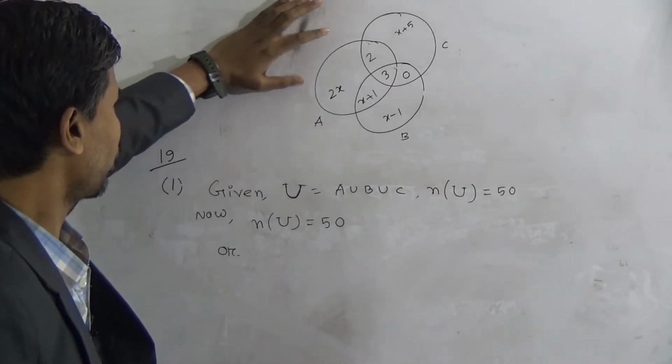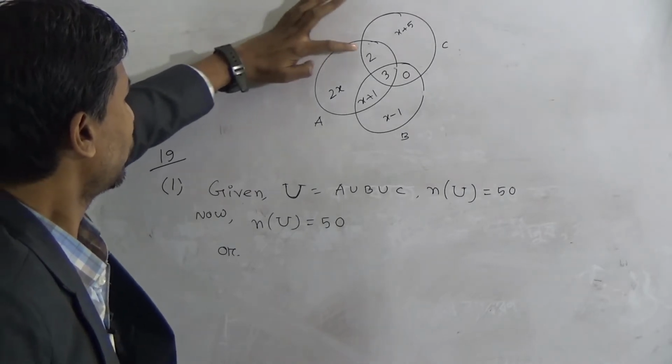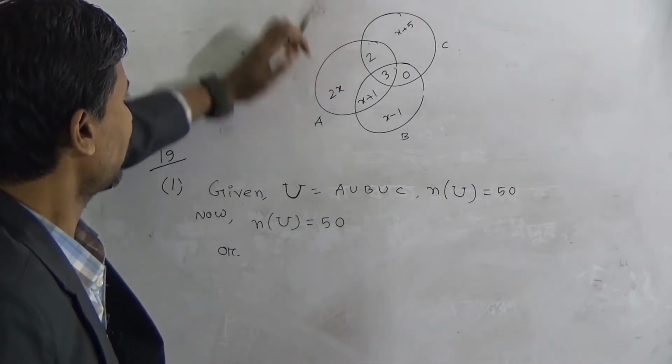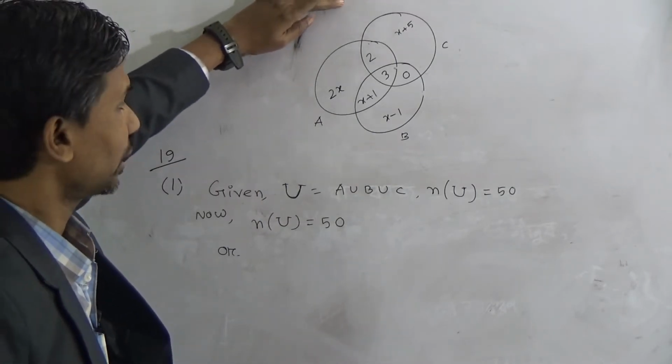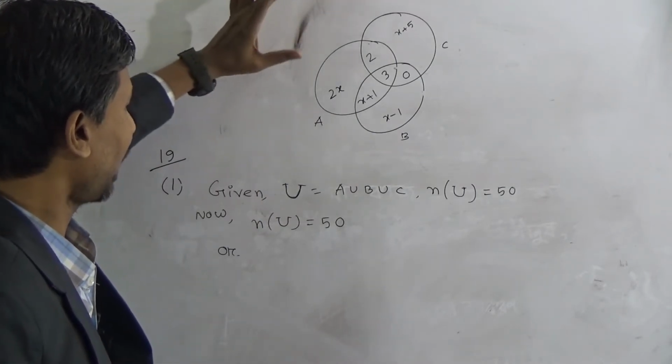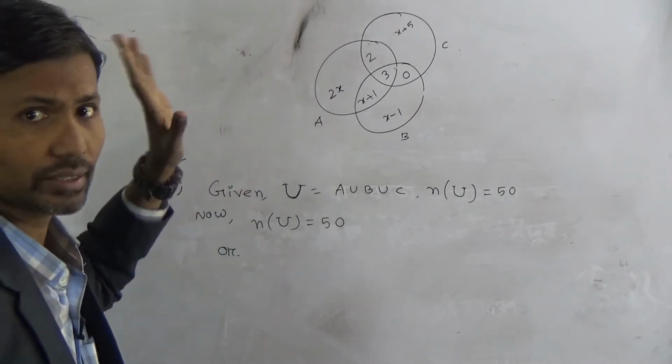The universal set includes 2x, 2, 3, x plus 1, x minus 1, 0, x plus 5. That means all the elements are included in the universal set.